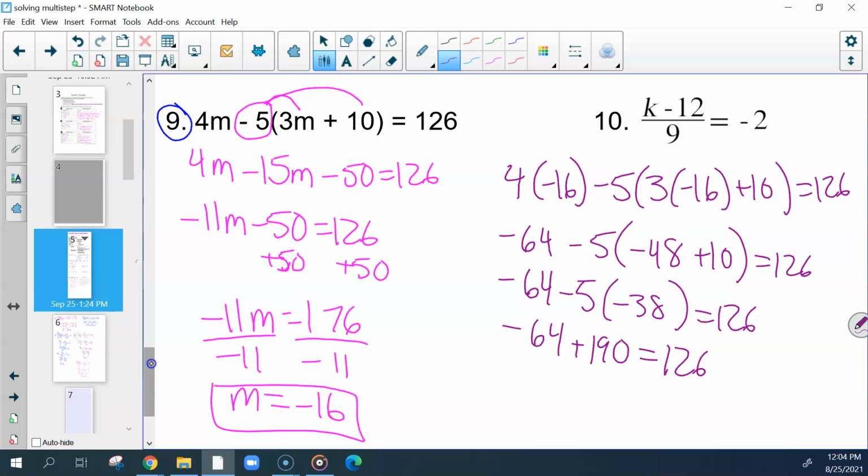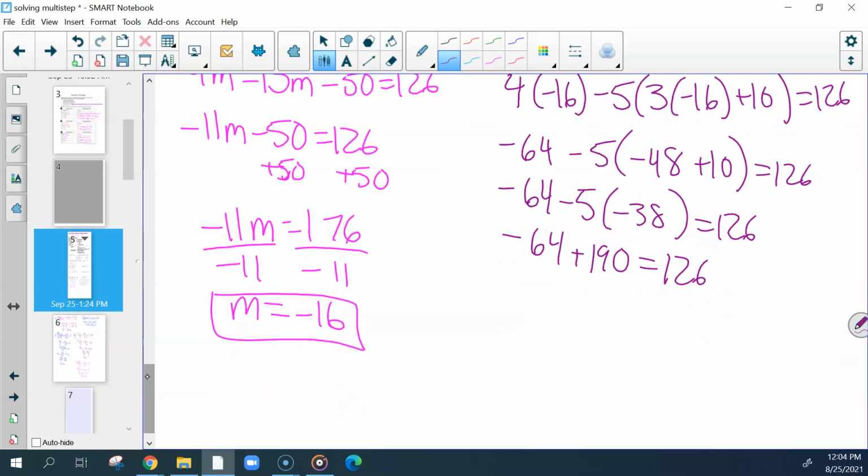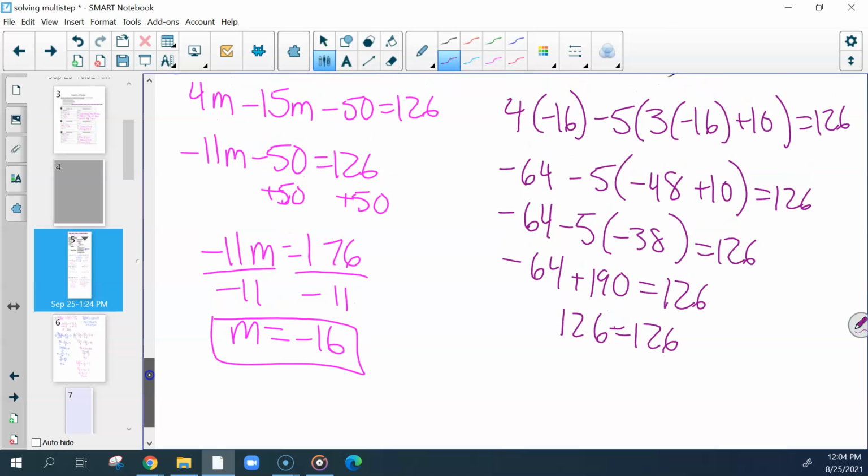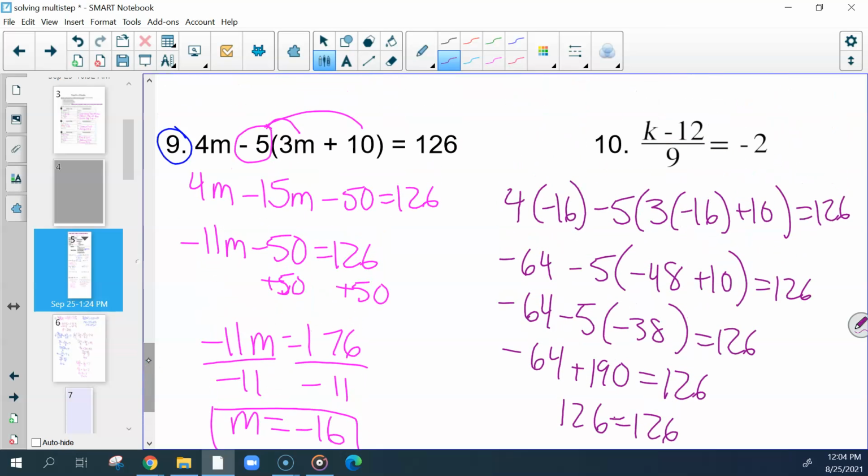Doing mental math. Alright, so if you put that back in, that does work. I just did that for you just because there was a lot of numbers. But that one does work. Of course, if you have your calculator with you, that process is much easier and you don't need to show that.